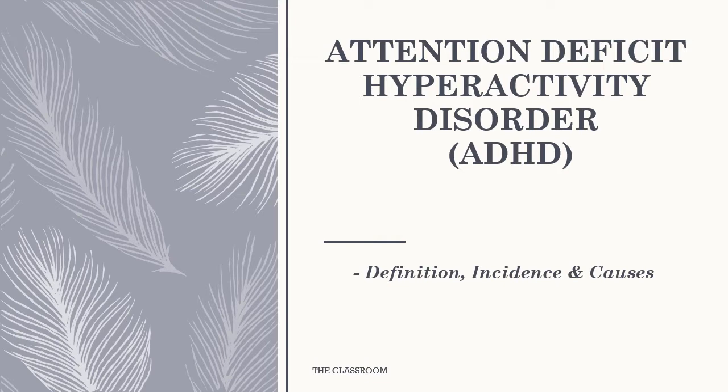So, for more than 50 years, physicians have been evaluating and treating children who show a combination of symptoms, and this can be overactivity, impulsivity, distractibility, or inattentiveness. In these 50 years, the terminology to describe these symptoms has changed, and it has been called minimal brain damage, minimal brain dysfunction.